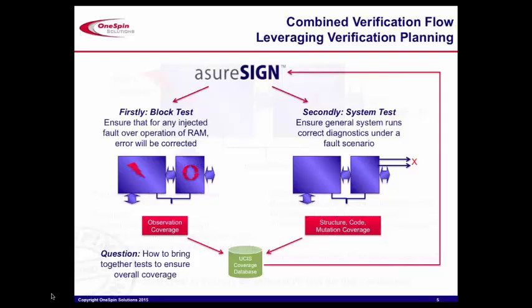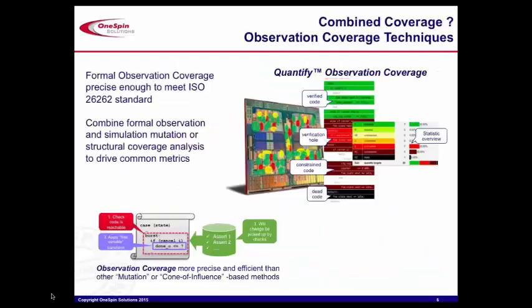So we would suggest the technique which we've called observation coverage, and observation coverage is not dissimilar to some of the techniques that Jörg was mentioning earlier, in terms of a system which essentially allows you to test the quality of either a test bench in simulation or a series of assertions in formal verification, or a combination thereof.